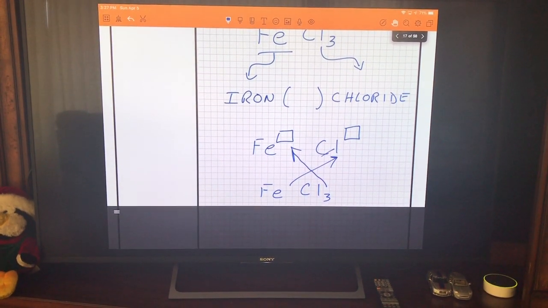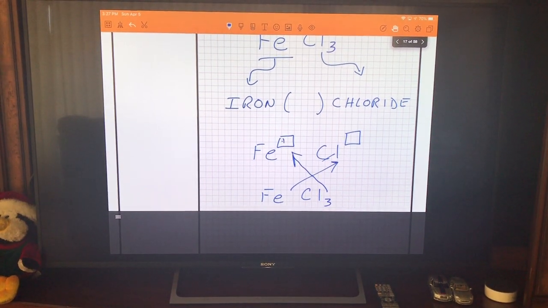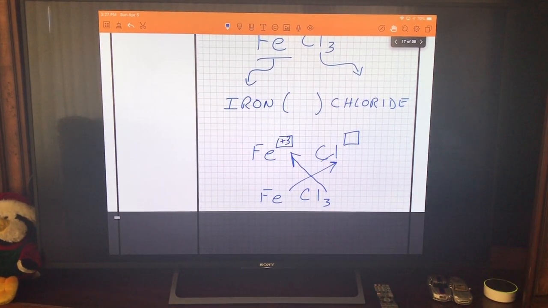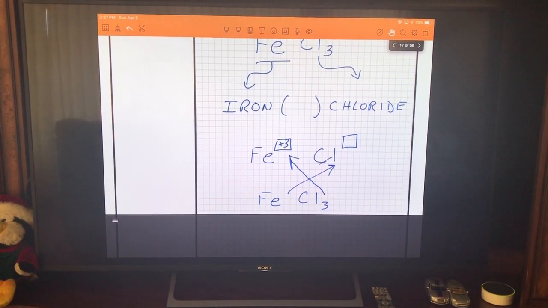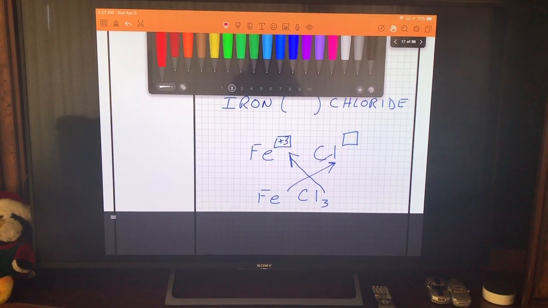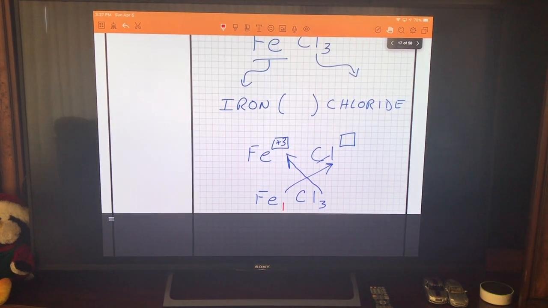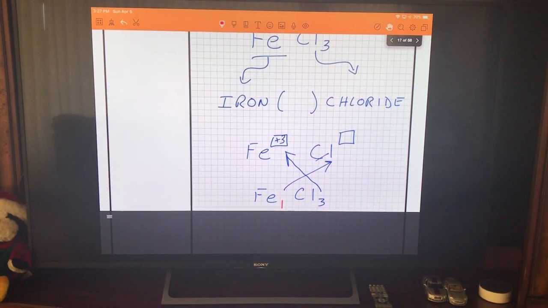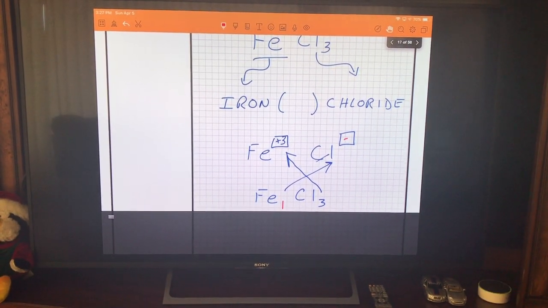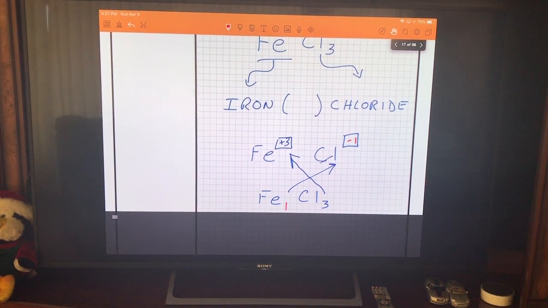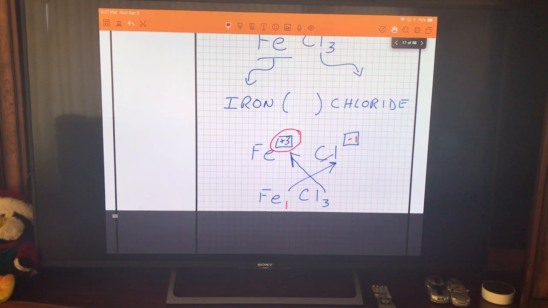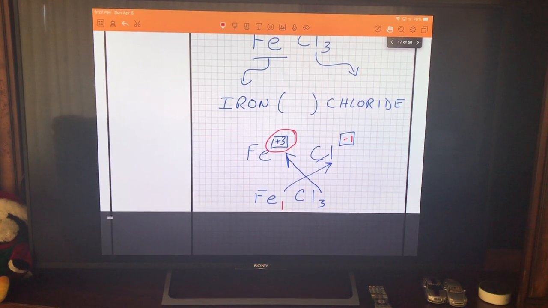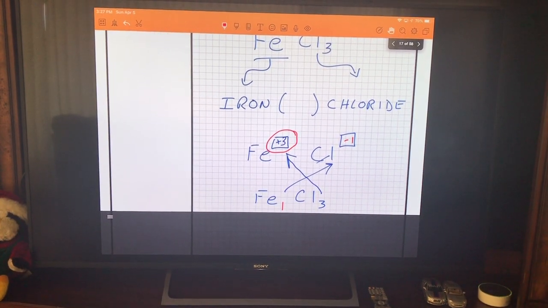In this case, the 3 goes there, and we know that there's a little 1 right here, and we just don't write the 1s, but when it comes up here to the chlorine, we know that the anions are always negative. So in this case, we know now that the charge on the iron is 3.